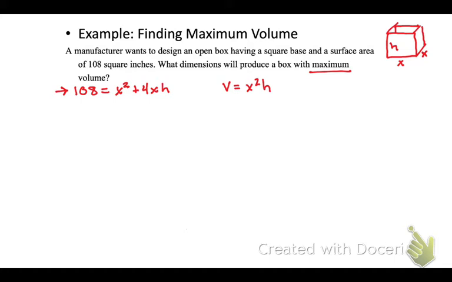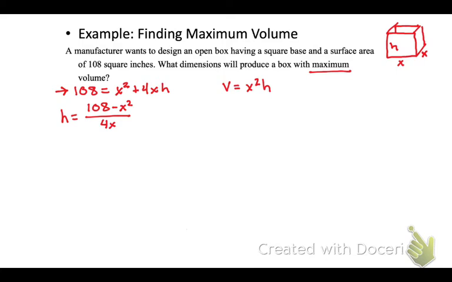So we don't have to have square roots. Yeah, and over here we have x squared and x. Could that be pretty gross? Yes. Okay, so if I were to solve for h, I would subtract x squared and divide by 4x. So h equals 108 minus x squared over 4x.